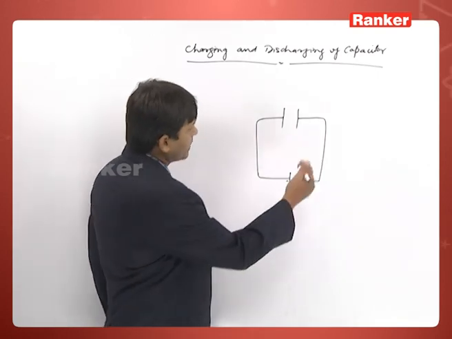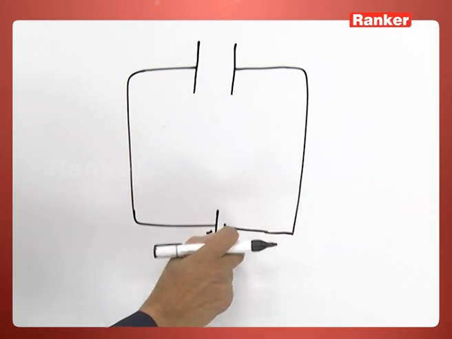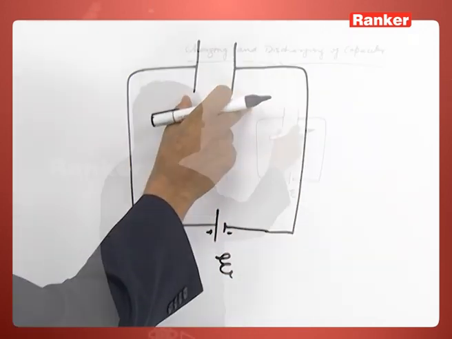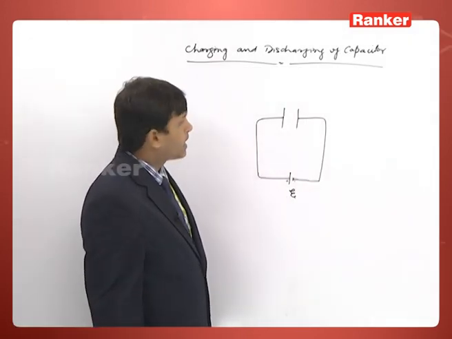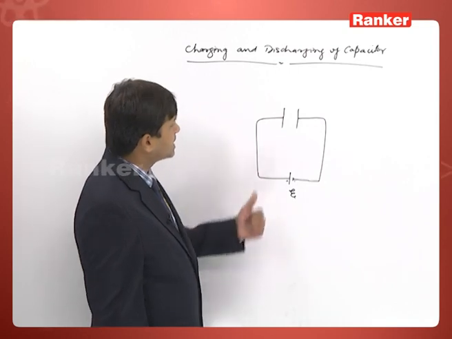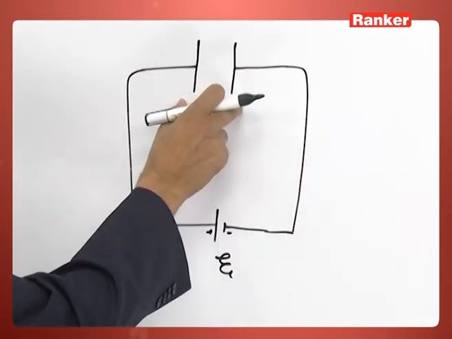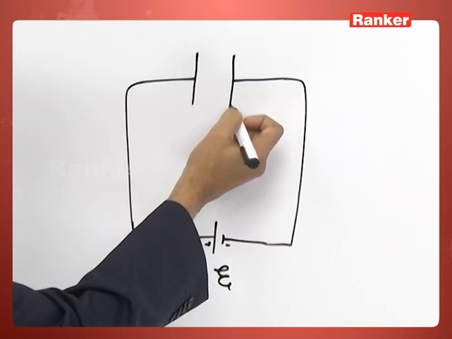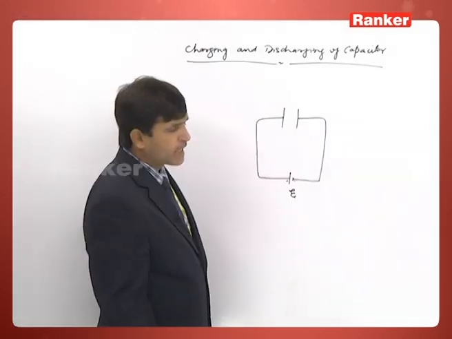So see here. Earlier, before connecting to the cell, this plate does not have any charge as well as any potential. So we can say this was at zero charge, this is also at zero charge.